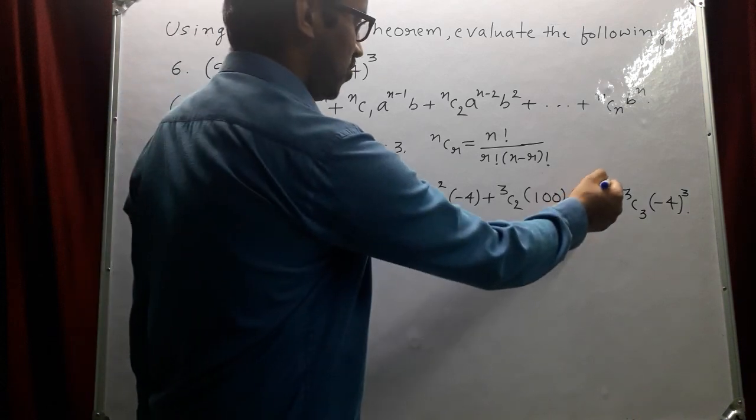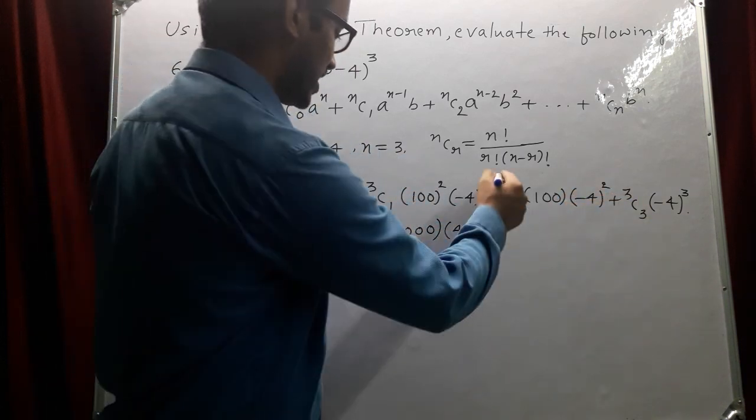Here (minus) whole square becomes plus 3C2.